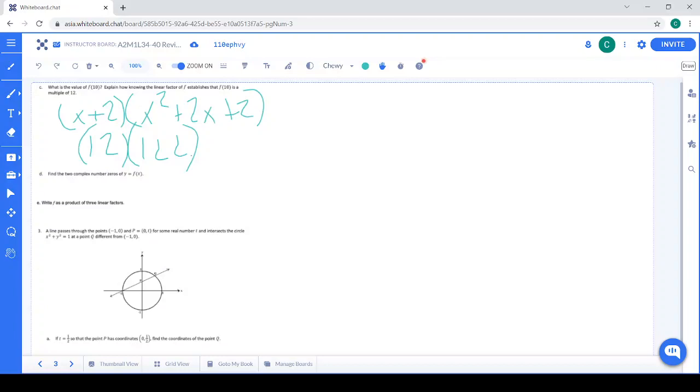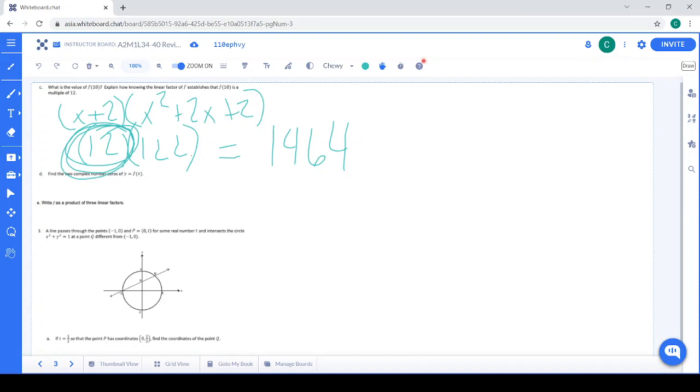If we plug in 10 for that, then that's how we would know. We could stop right there and know that it is a multiple of 12 because this right here tells us it is. Now we can multiply that out and that gives us 1,464. And we know that's a multiple of 12 because we just multiplied the number by 12. So, yeah, that's all we need to know.